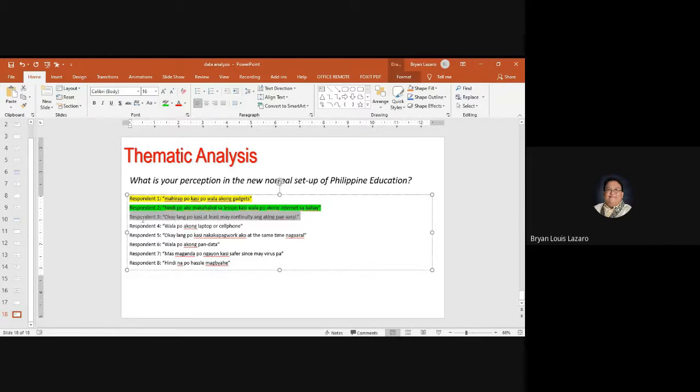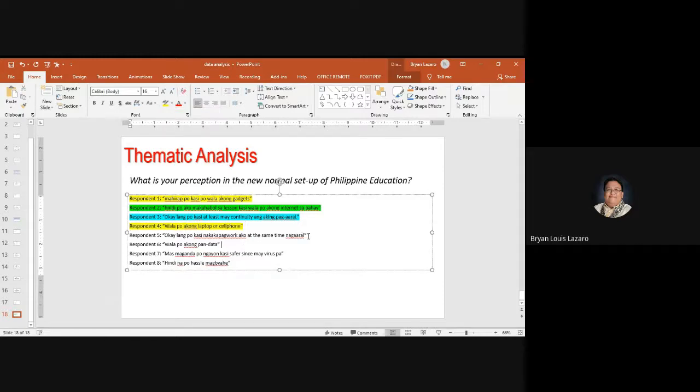Hindi rin siya related sa response number 1 and 2. So, gagawin ko siyang blue. Wala po akong cellphone or laptop. Related to respondent number 4, related siya dito sa response number 1. Diba? Tama ba ako? So, gawin mo siyang yellow.